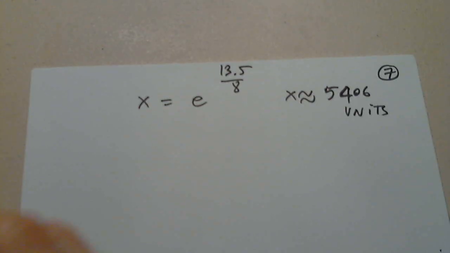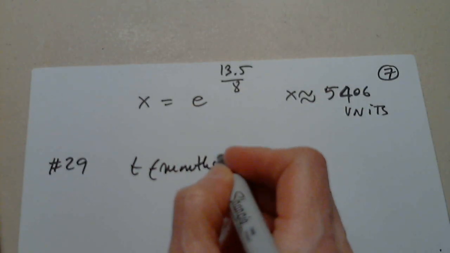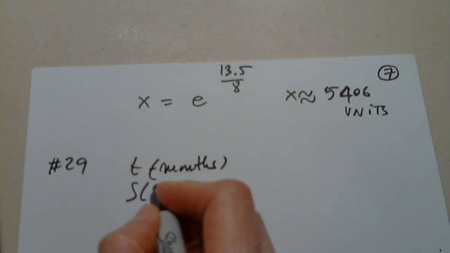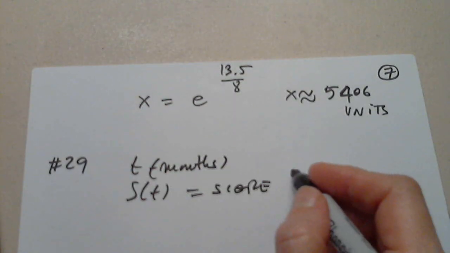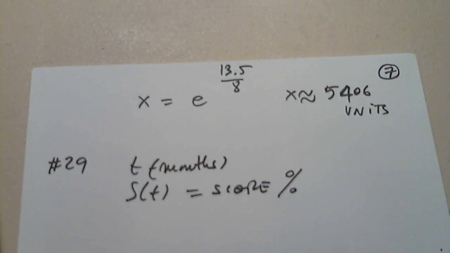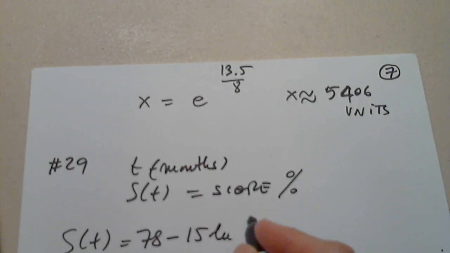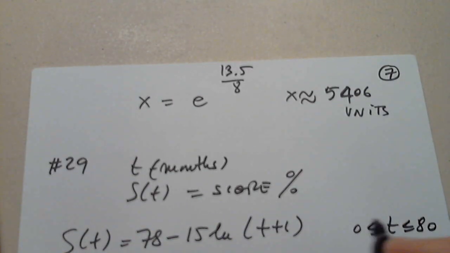After t months, t is in months, the average score S of t, as a percentage, is given by the formula S of t equals 78 minus 15 natural log of t plus 1, for 0 to 80 months.